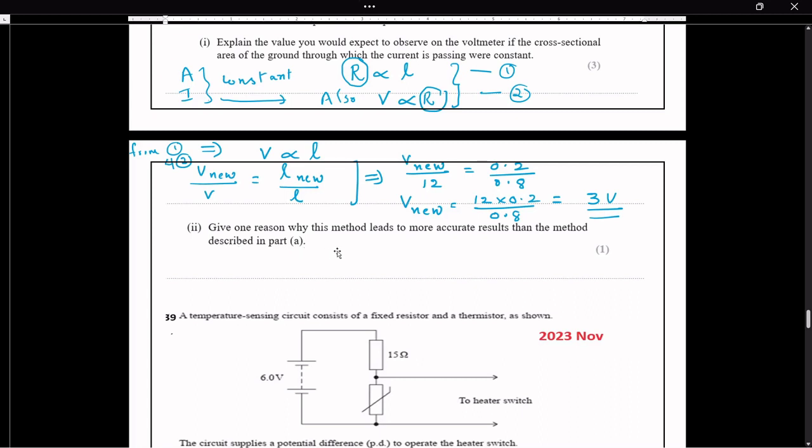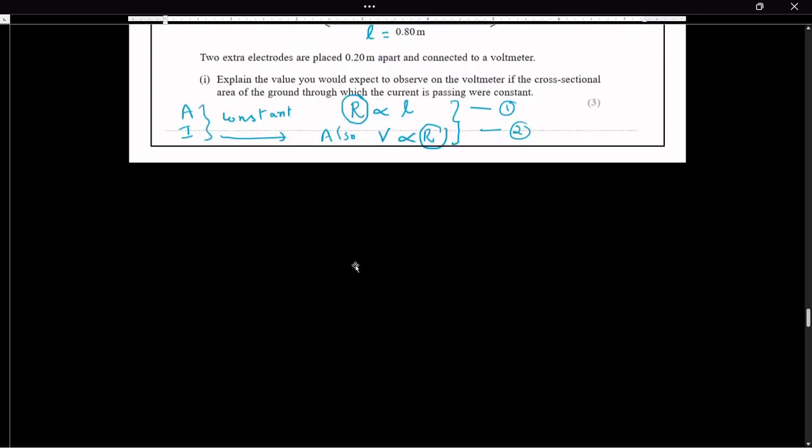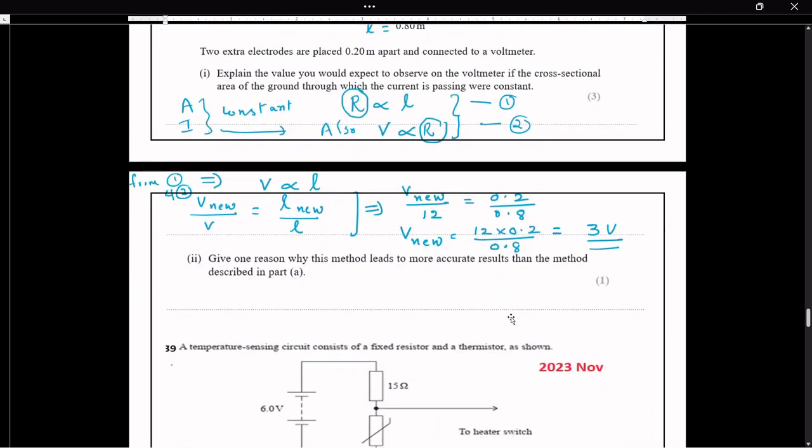Give one reason why this method leads to more accurate result than the method described in part A. This method means they reduce the length of placing the electrodes. Give a reason why this method leads to more accurate result.